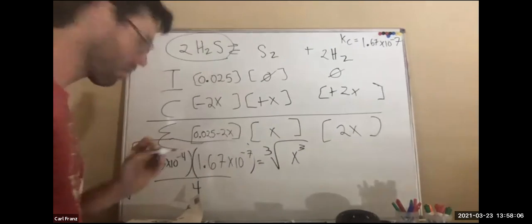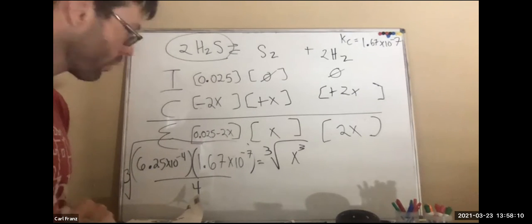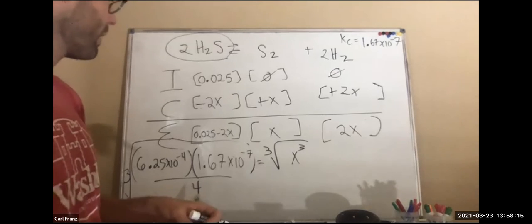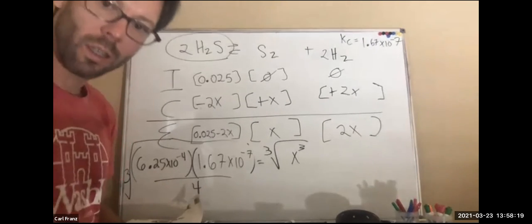And so what do you get when you take the cube root of 6.25 times 10 to the negative 4 times 1.67 times 10 to the negative 7 divided by 4?